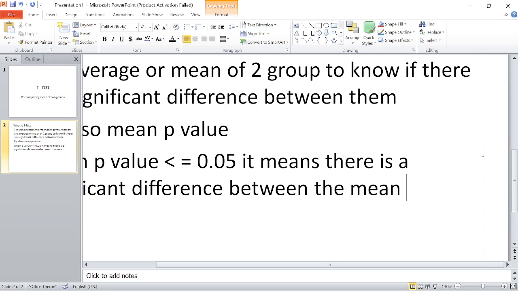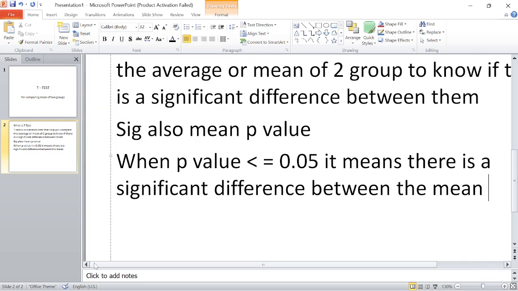So it's not null. But if there is no significant difference, that means it is the null hypothesis, so there's no need of really comparing it.